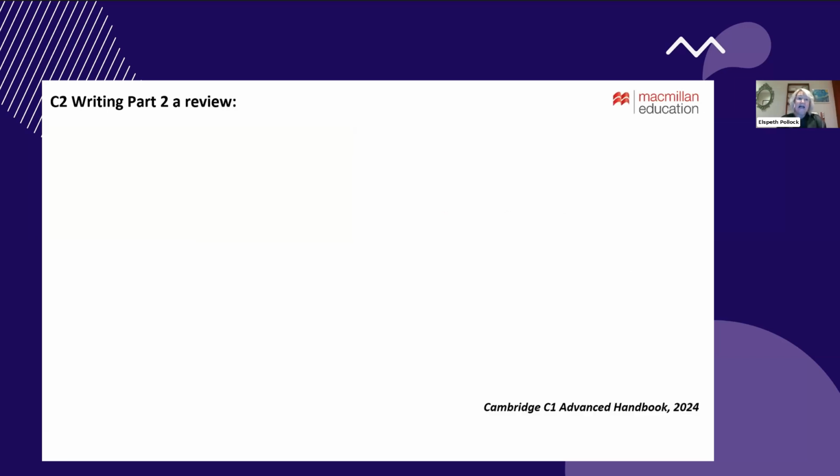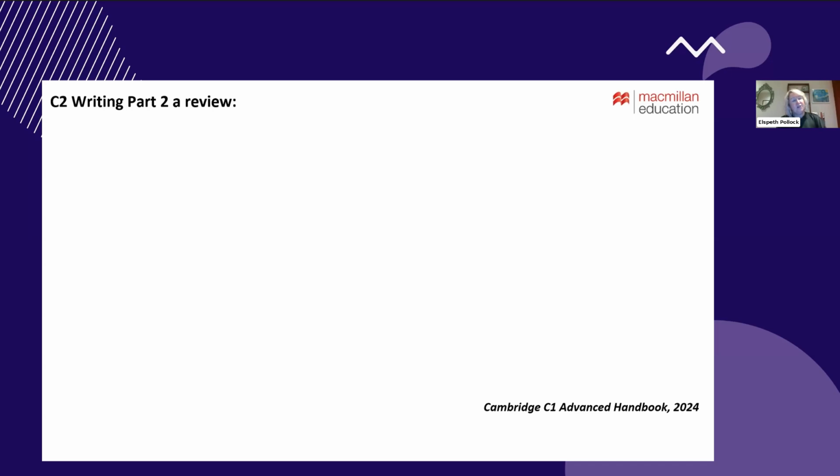And finally, my students will often say to me, how do we know that what we're writing is C2 level? Because I say to them, now use some C2 level vocabulary in your writing, make sure that it's up there, you're using what we're seeing in class and what you're keeping in your notebooks, use that vocabulary. And they say, well, I don't know whether this is good enough or not.